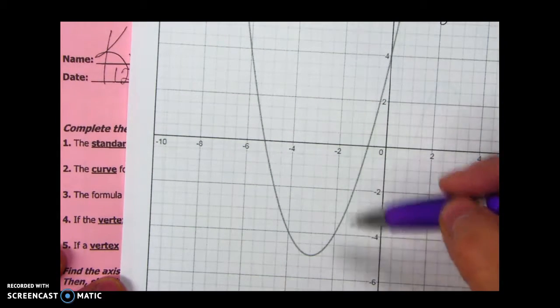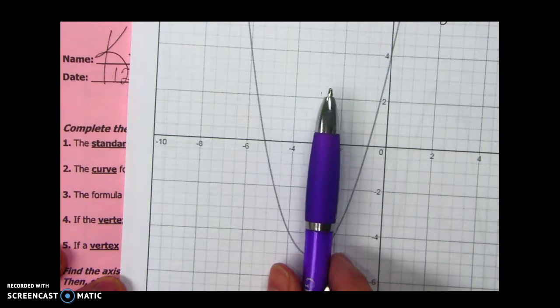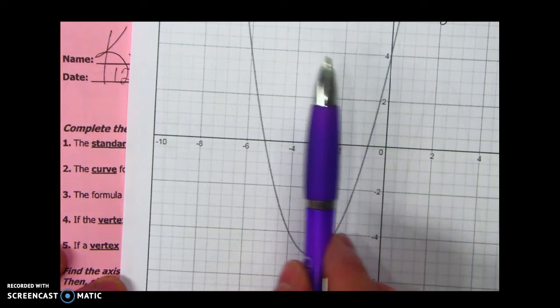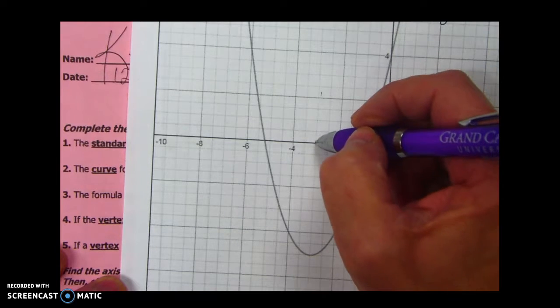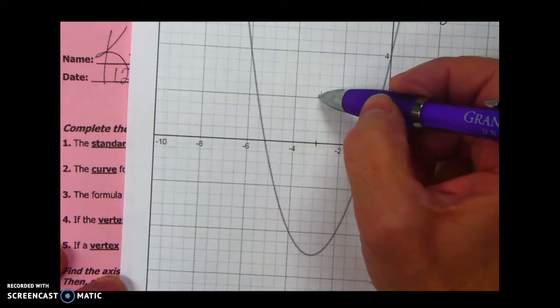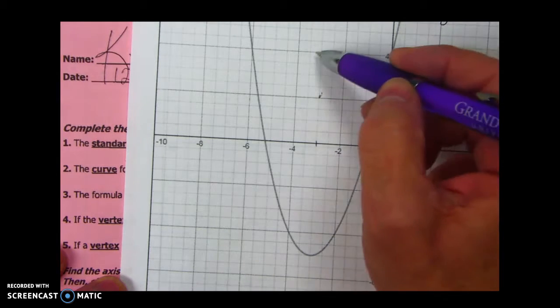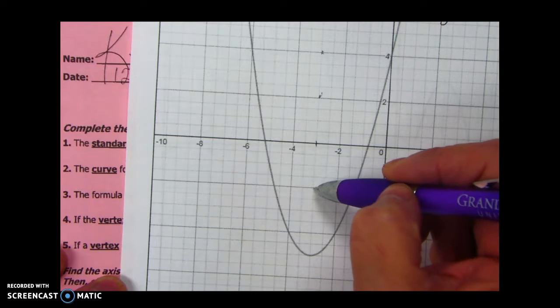The reason I'm pointing this out is because we want our axis of symmetry, which there is on the parabola, where there's a line down the middle of the parabola, and it's exactly equal from right here. So any place on here, from here to here, is the same distance as it is from here to here. This is called our axis of symmetry, which we'll be getting into in a minute.